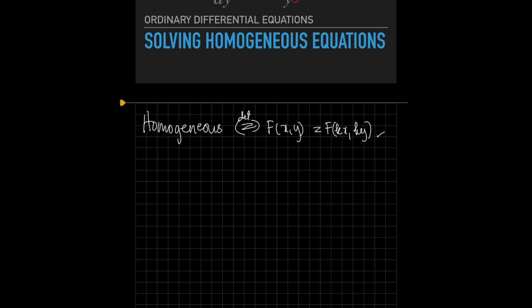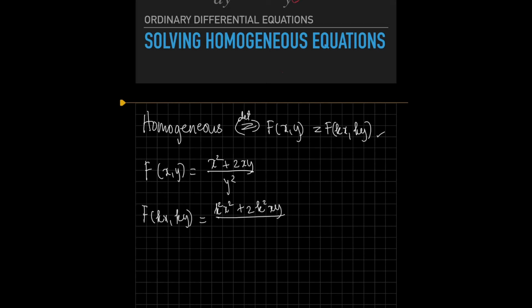And so let's just try to apply this to our expression. We have our f(x,y) equals x squared plus 2xy all over y squared. Our f(kx, ky) is k squared x squared plus 2 k squared xy, and here we have k squared y squared.